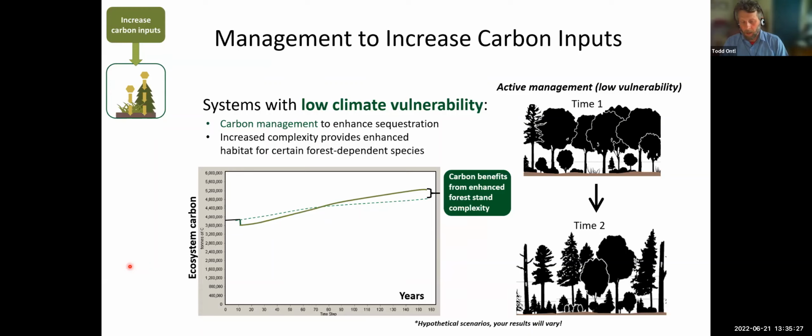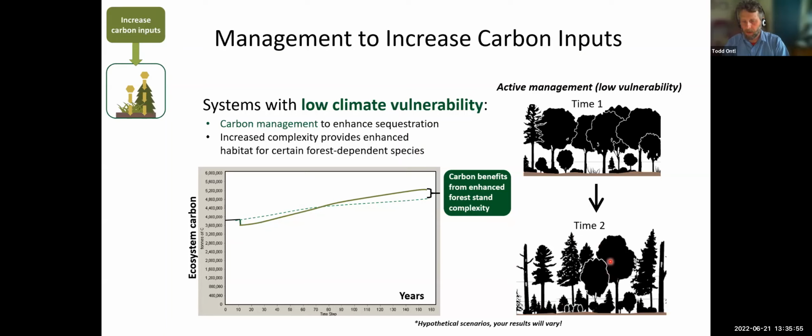There are forest management options, some known as things like structural complexity enhancement, single tree selection, a whole host of different actions which minimize that short-term loss and really bump up the sequestration and also enhance forest stand complexity, which I'm showing here.